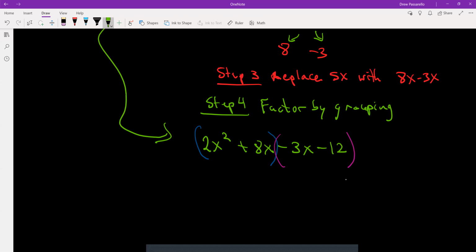So for 2x squared plus 8x, they share a common factor of 2x. After I pull out 2x, I get x plus 4. You can distribute the 2x: 2x times x is 2x squared, 2x times 4 is 8x. For the second group, they share minus 3, and you factor that out. That's also going to give you x plus 4.